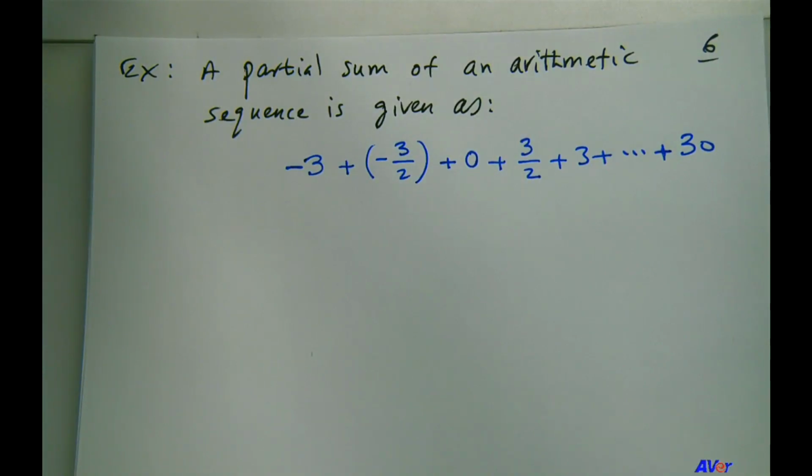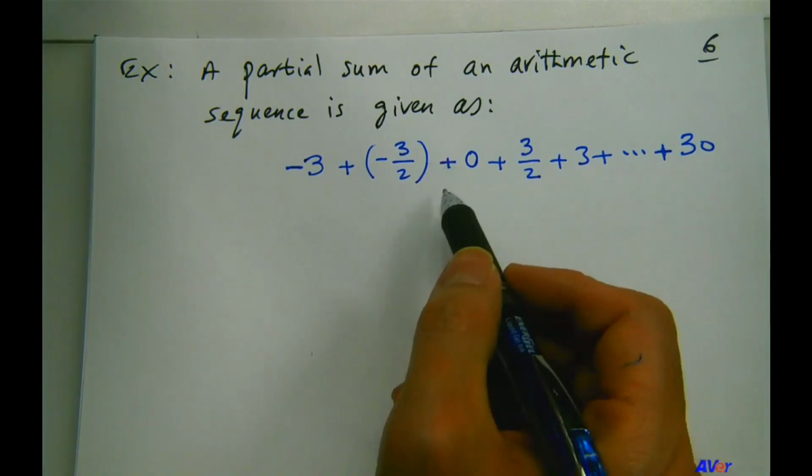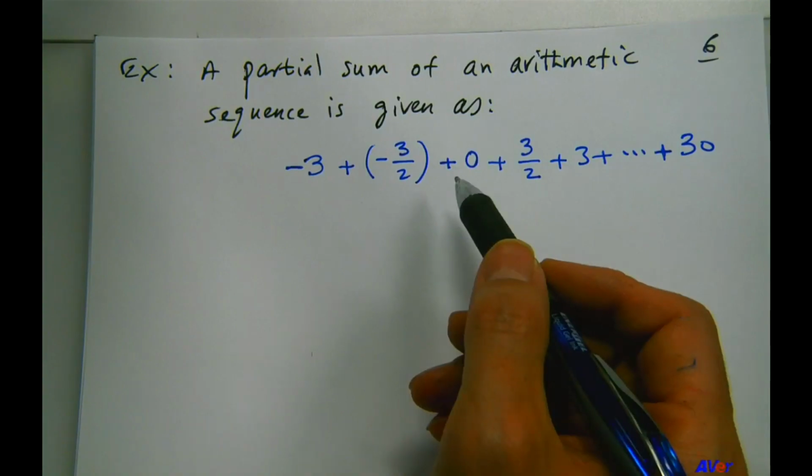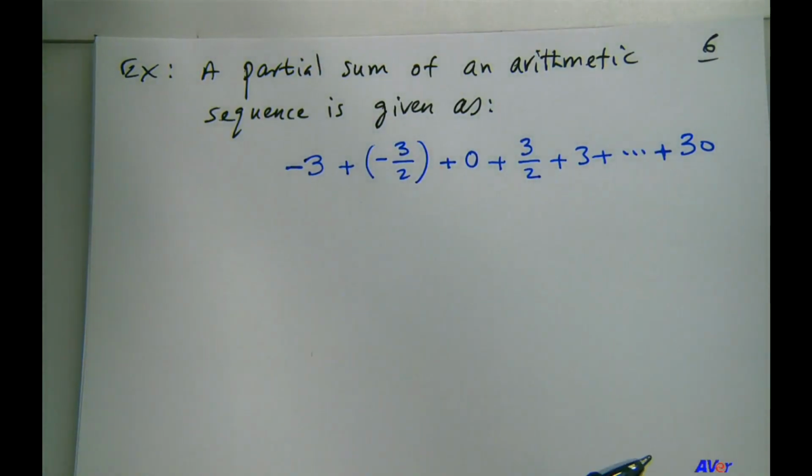So, okay, here, what do they want us to find? Let's see, because in my notes, it doesn't say what it's asking us to find here. So partial sum. So we want to find, let's see, this is 23.